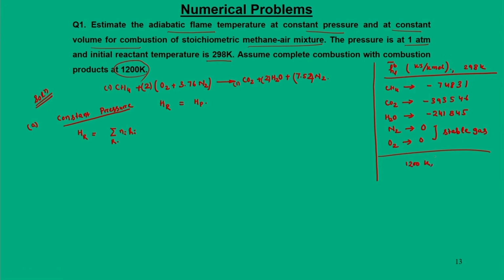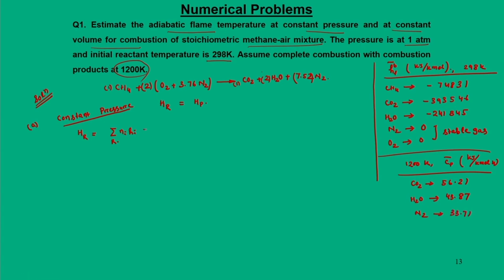And even for other situations like at 1200 Kelvin, we require Cp bar, which is in kilojoule per kilomole Kelvin. For CO2 this number is 56.21. For H2O, because we require only for products, it is 43.87, and for N2 it is 33.71.